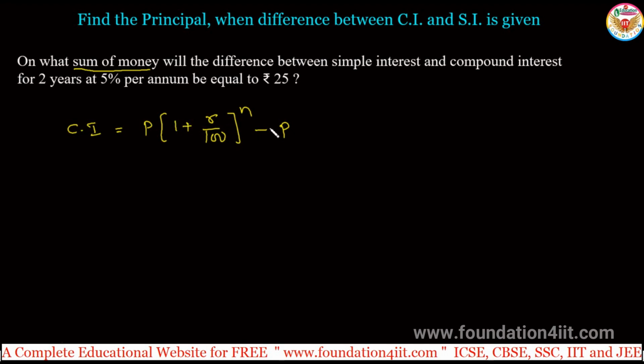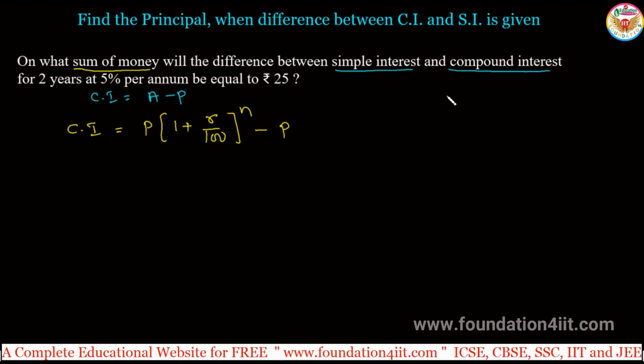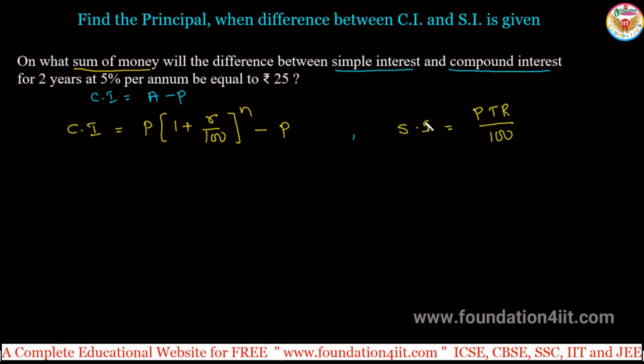Compound interest is again minus P, because we already know compound interest is equal to A minus P. Because they mentioned simple interest and compound interest, I am taking this formula directly. And one more is the simple interest formula, PTR by 100. This we can take.